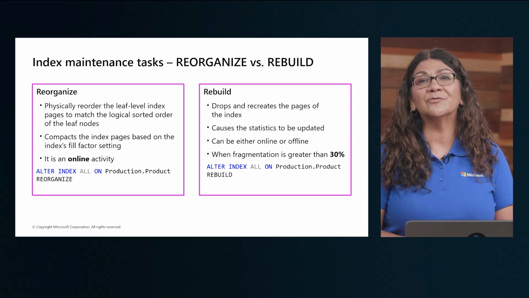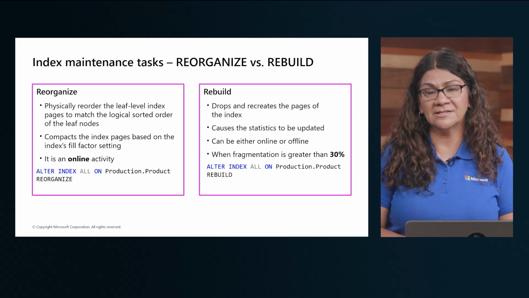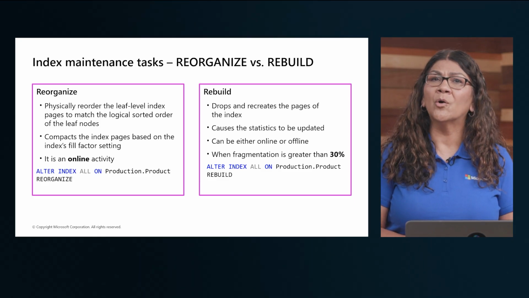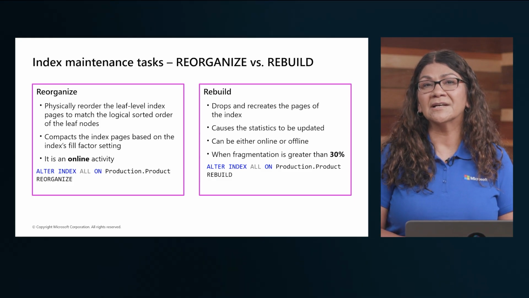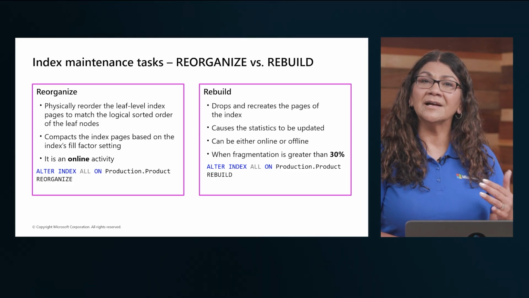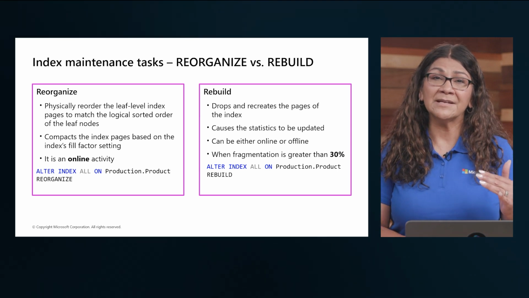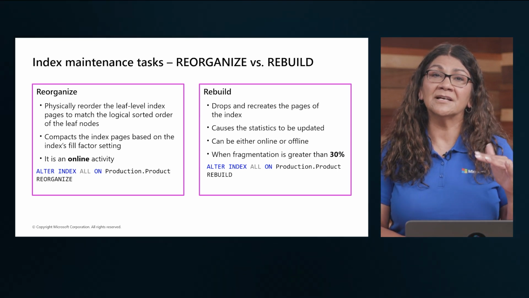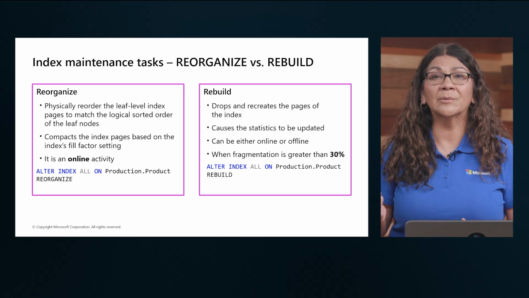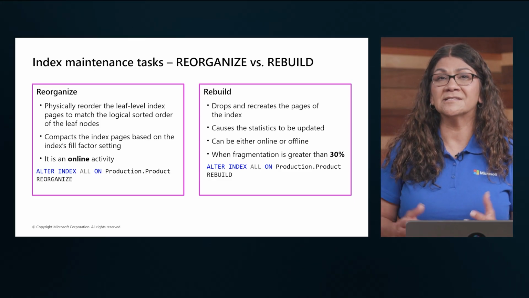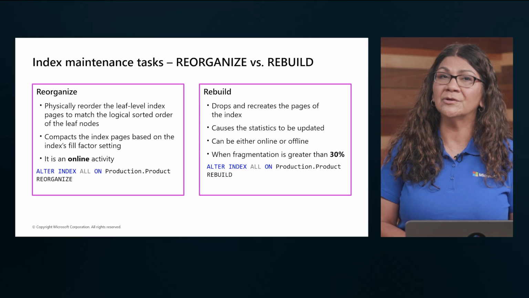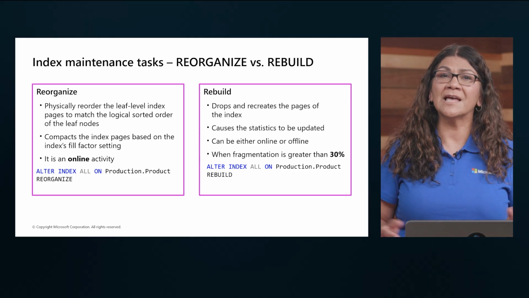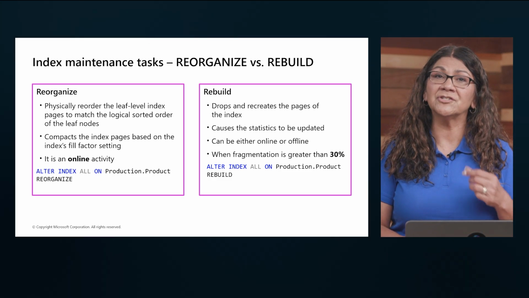Rebuild is suited for heavily fragmented indexes above 30% or when updated statistics are needed. The ALTER INDEX ALL command applies a specified maintenance operation such as reorganize or rebuild to all indexes on a given table or view, helping optimize performance and manage fragmentation efficiently.